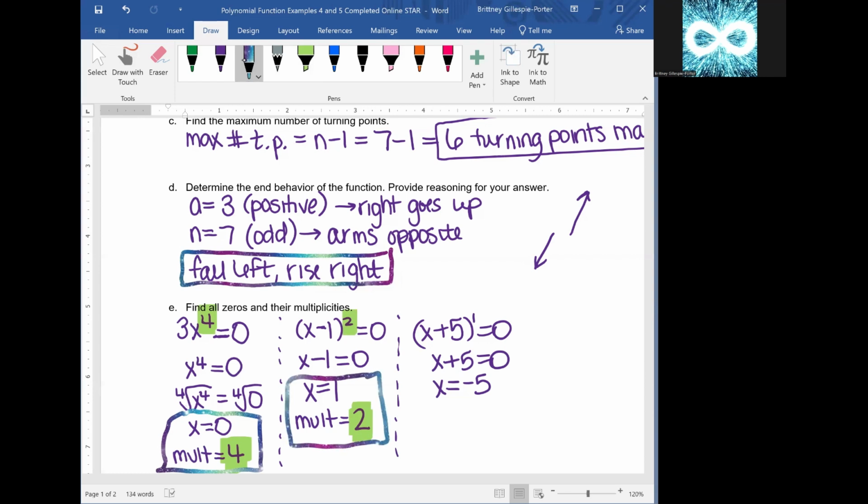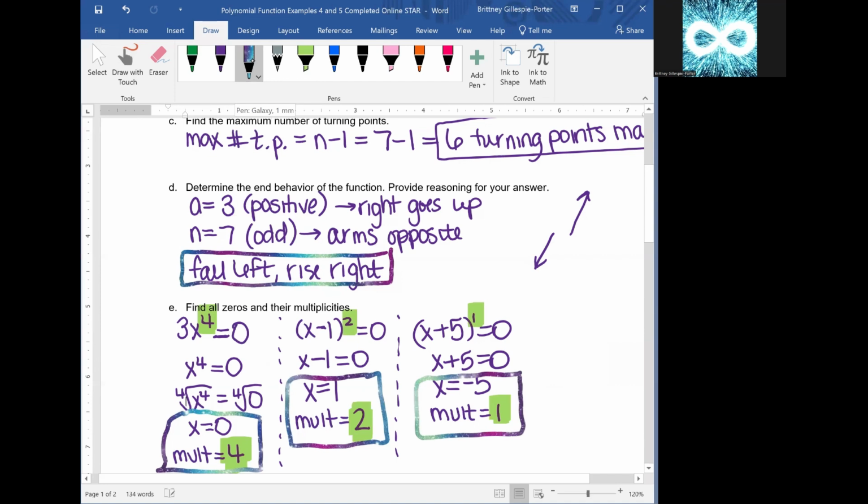For our x equal to negative 5, that came from (x plus 5) to the first, which means that our multiplicity is 1, because that is the exponent on that factor.